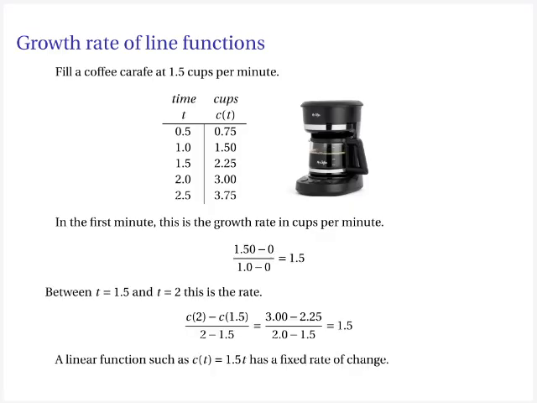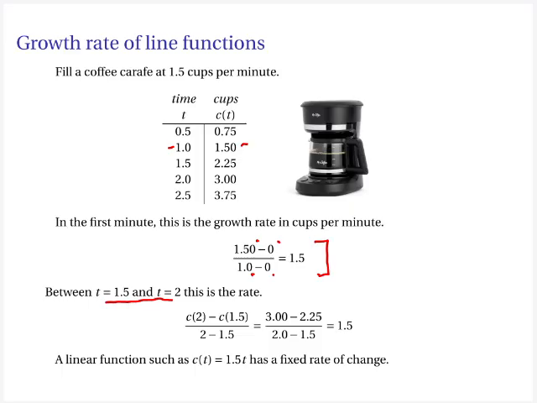So there's a point about what I mean by regular. If, for example, in the first minute you do the computation, you're looking at 1.5 minus 0 and 1 minus 0, so change in y over change in x, in this case change in c over change in t, then you get 1.5. It's just an elementary calculation. If, however, you take some different times, you get the same rate.